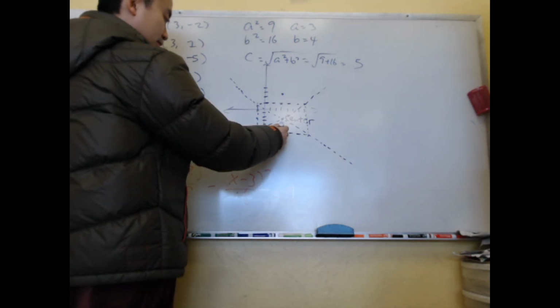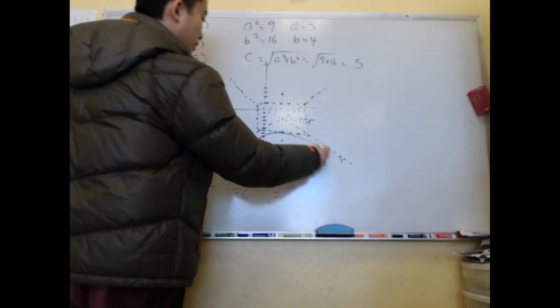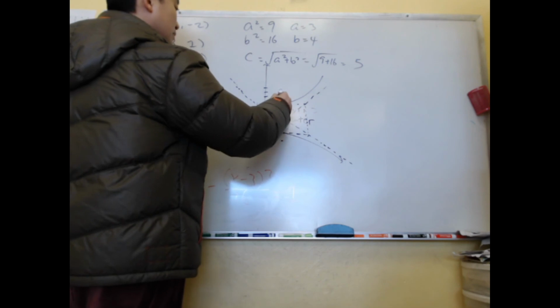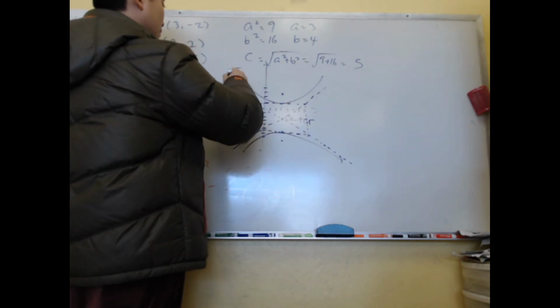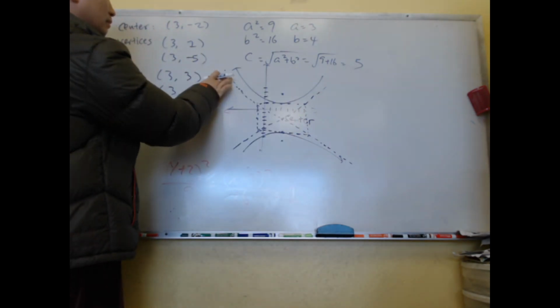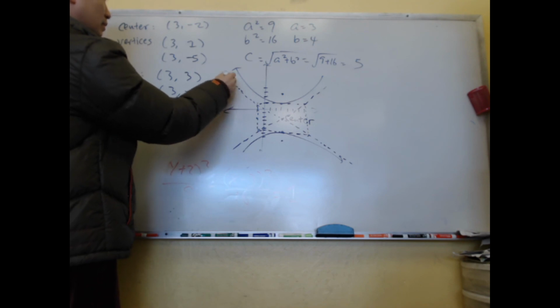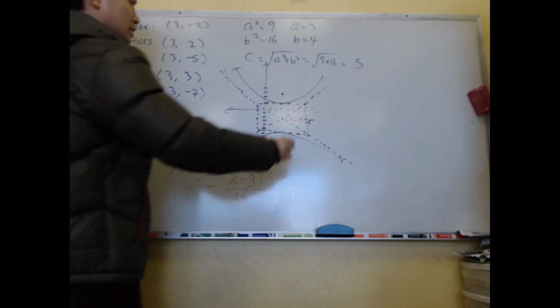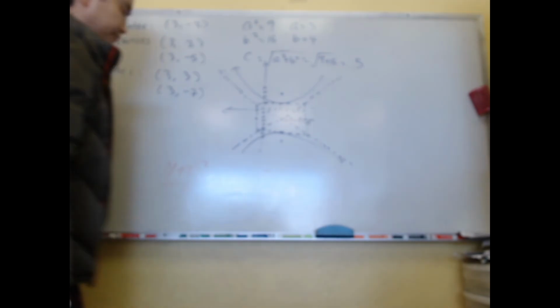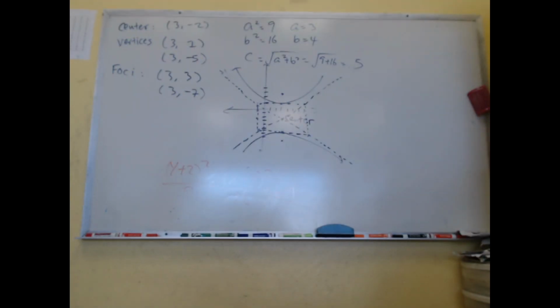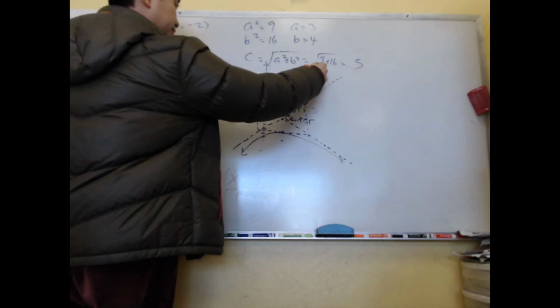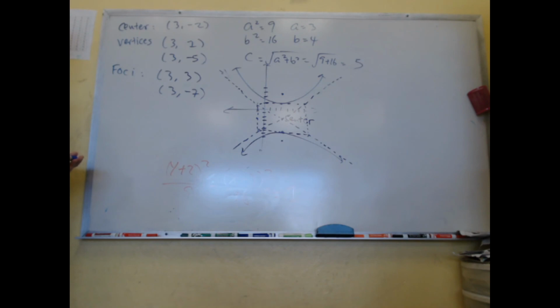One is upside down, and the other one is just like normal. And make sure that the slant asymptotes are going to be straight. Is that what we found?